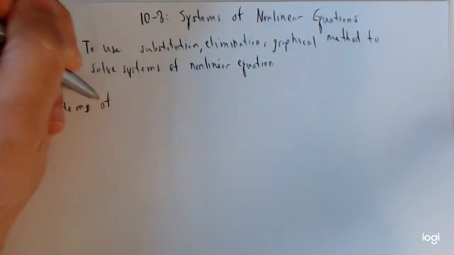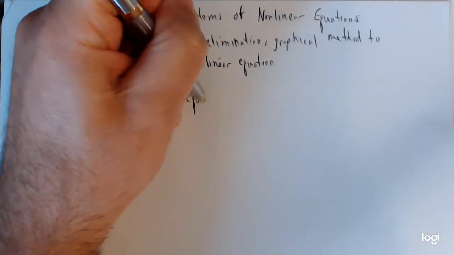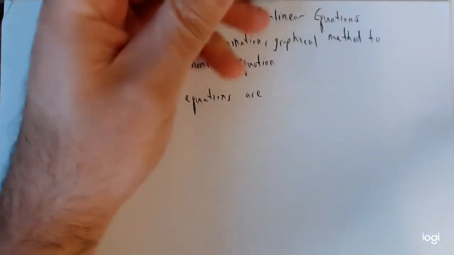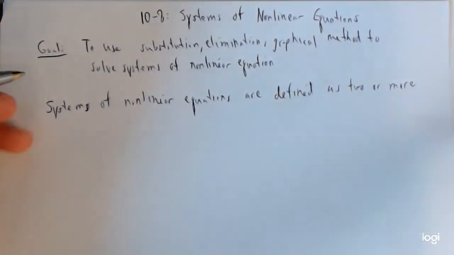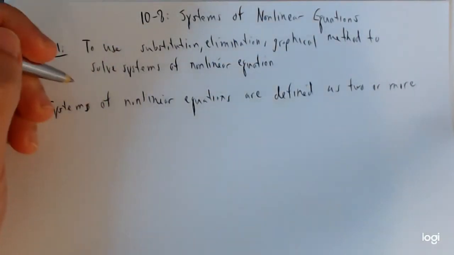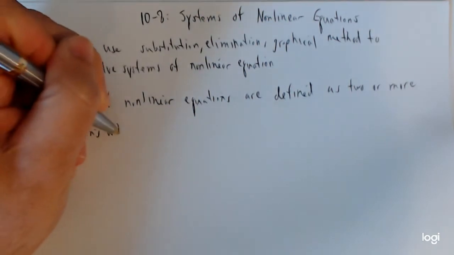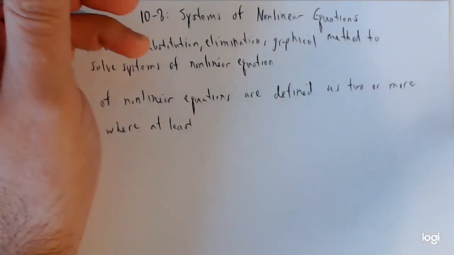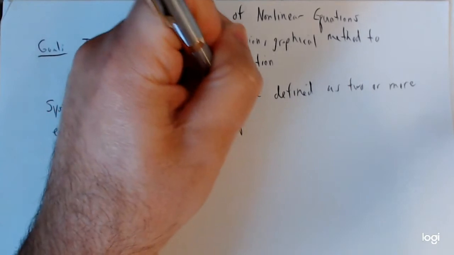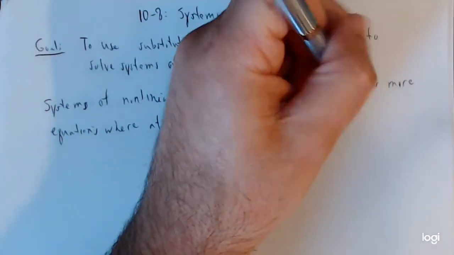Systems of nonlinear equations are defined as two or more equations where at least one equation is not linear.